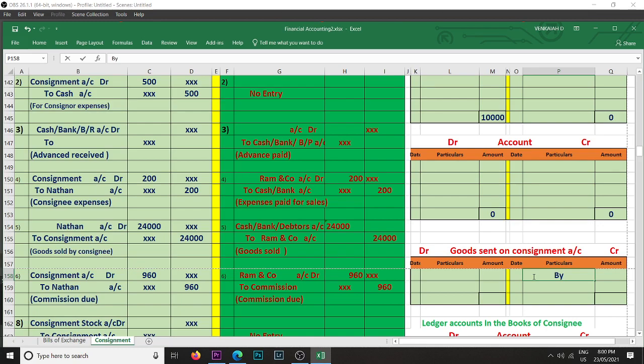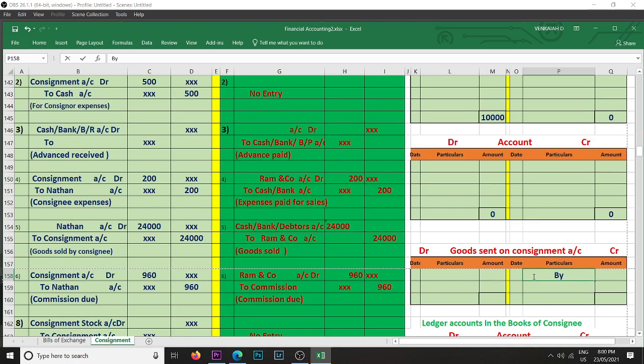Next, the second entry is consignment account debit to cash account, amount is 500.